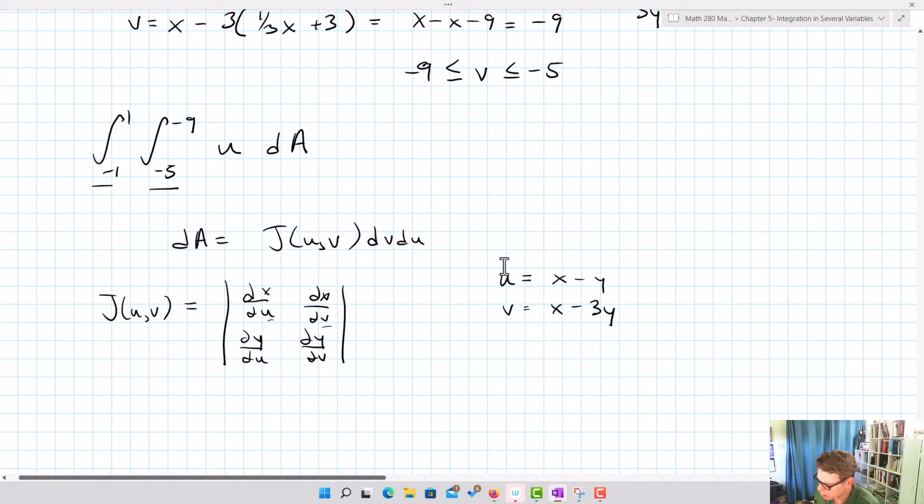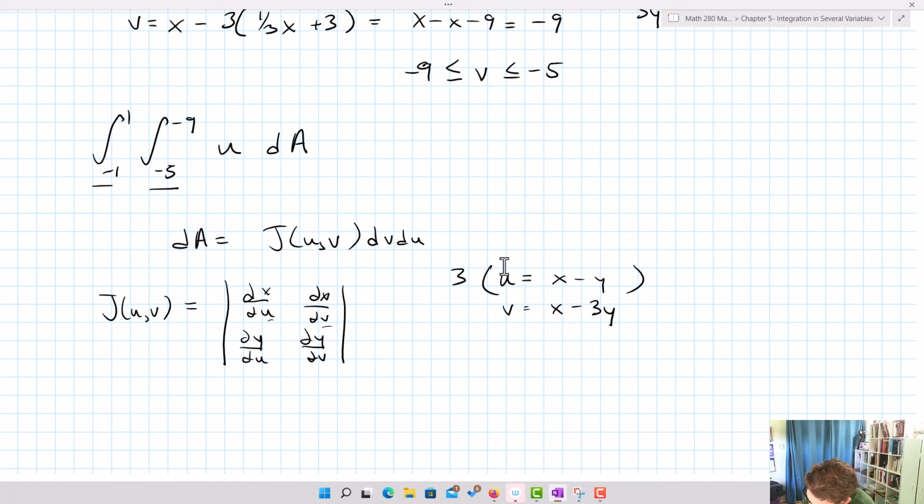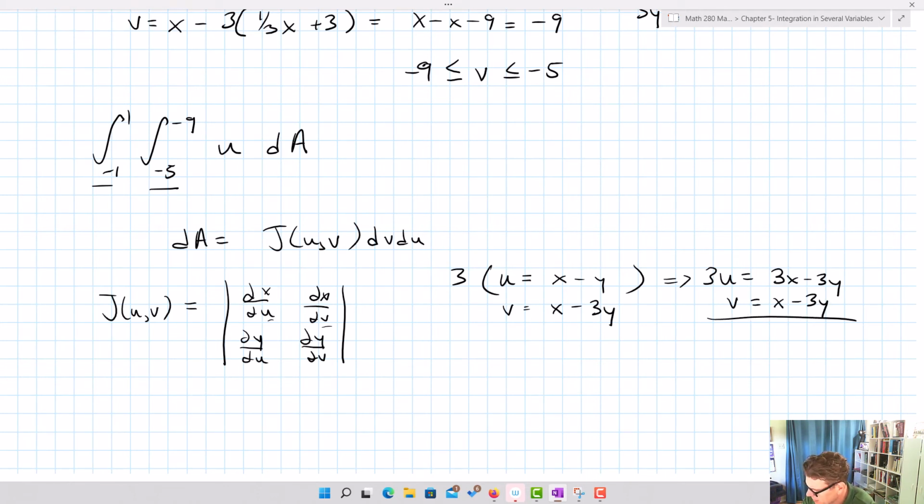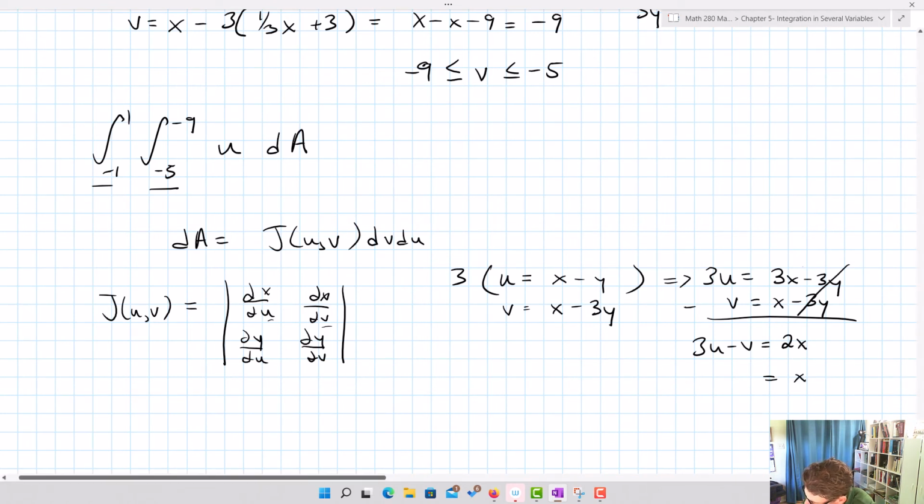We'll start out by multiplying by 3. That gives me 3u equals 3x minus 3y, and v equals x minus 3y. It's a system, so we're just going to subtract the two. We get 3u minus v equals 2x, because those two are going to cancel. So x equals (3u minus v) over 2.